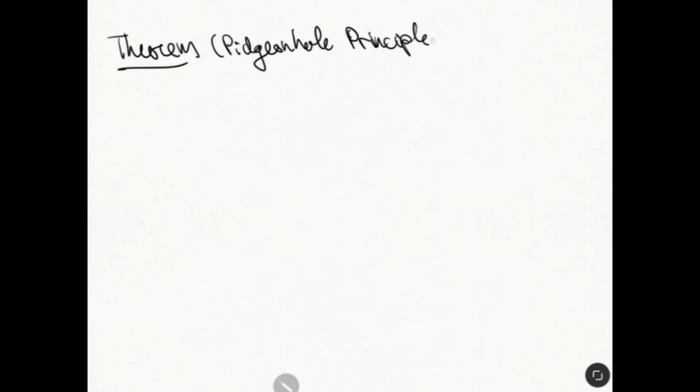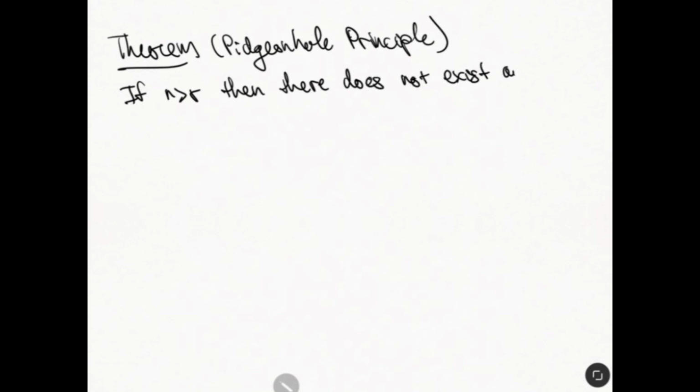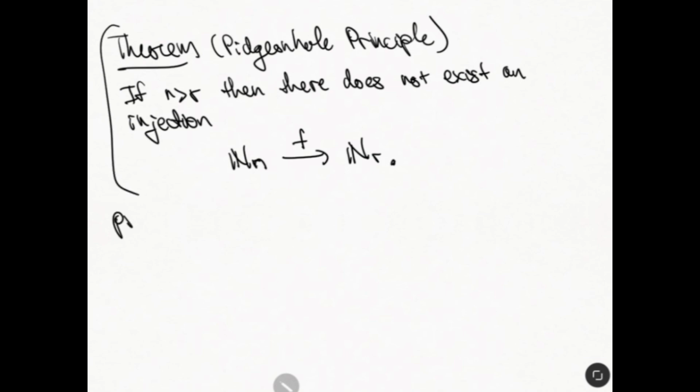So theorem, the pigeonhole principle: if n is bigger than r, then there does not exist an injection here from N_n to N_r. All right, proof.